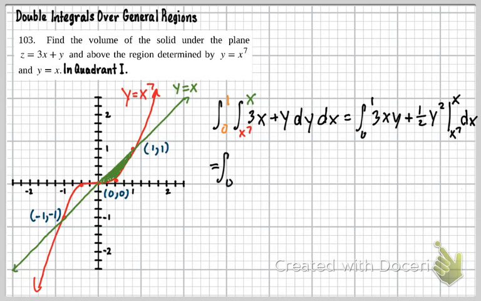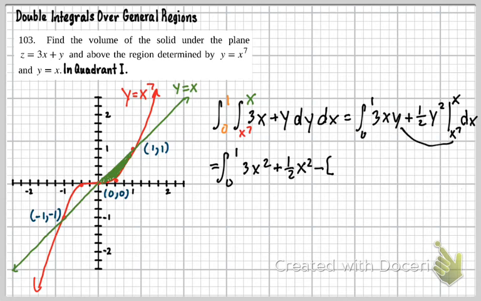Okay, so it's the integral from 0 to 1. And that's going to end up being 3x squared when I plug in the x here for y. And then when I plug in the x for y here, that's going to be plus 1/2 x squared. Oops, let me fix my x there, it almost looks like a y. Now I'm going to have to subtract the lower bound.